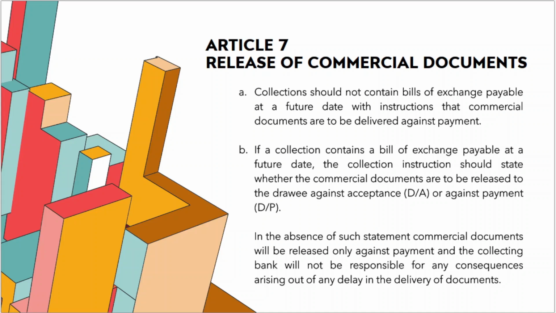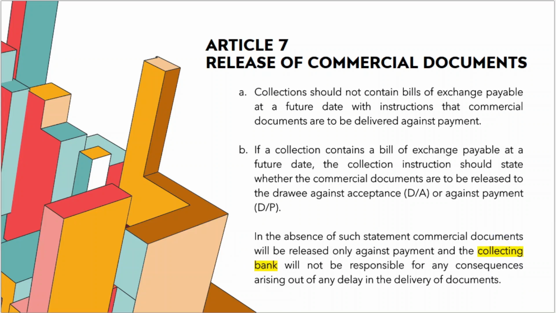In the absence of such statement, commercial documents will be released only against payment, and the collecting bank will not be responsible for any consequences arising out of any delay in the delivery of documents. So here, who is not being responsible for the consequences for the delay? That would be the collecting bank.